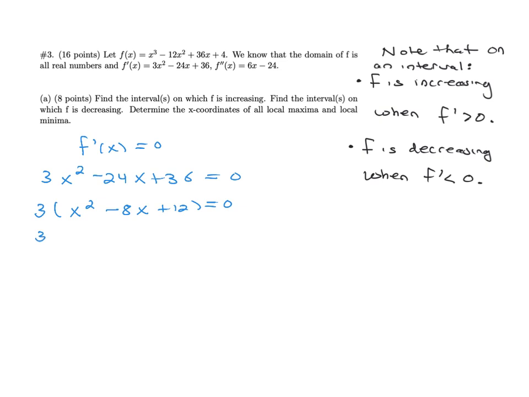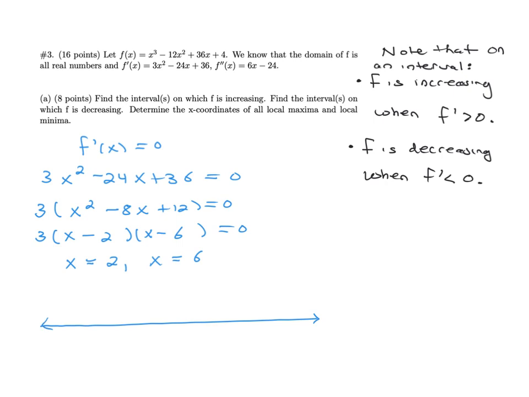And I see this quadratic factors into two terms. We get an x and an x. They both have to be negative, and that would be negative 2 and negative 6. The product is positive 12. The sum is negative 8. This means the first derivative is 0 if x is 2, and if x is equal to 6, it is defined everywhere else.